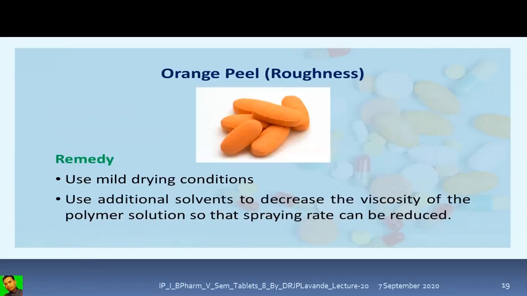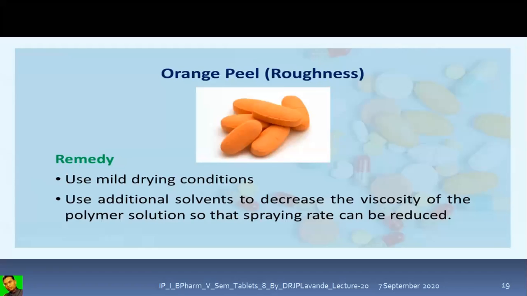We can use mild drying conditions. The temperature should be adjusted and optimized so that roughness does not appear on the surface, because the coating solution contains polymeric agents and plasticizers, and higher temperature may cause this rough effect.